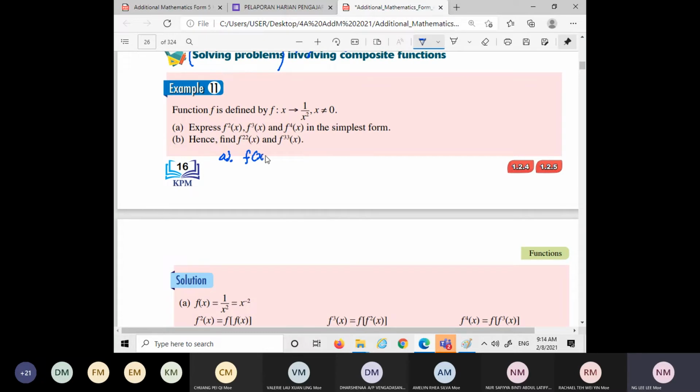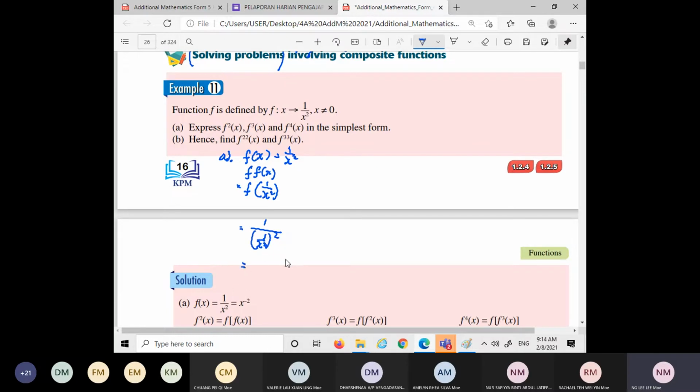We start with f(x) is 1 over x squared. First of all, f(x) is 1 over x squared, so I replace the f(x) with 1 over x squared. The object is x, the image is 1 over x squared. Now the object is this, the image is 1 over this thing squared.